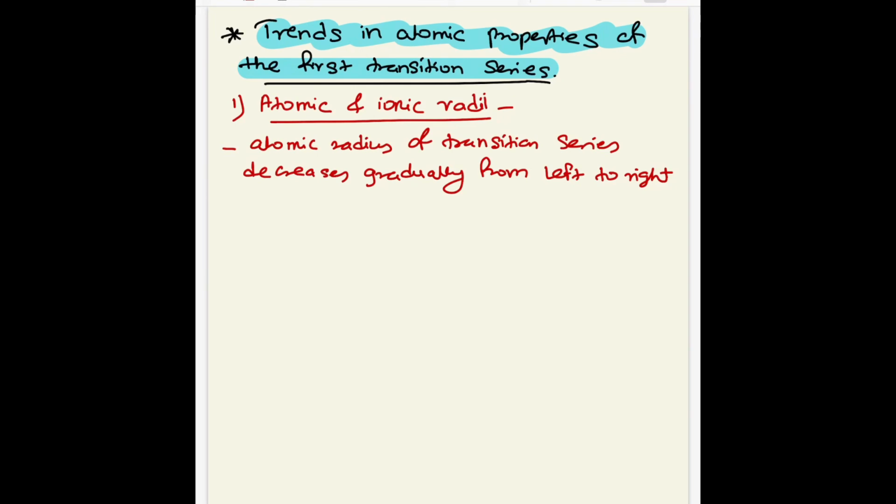As we move across a transition series from left to right, the nuclear charge increases by 1 unit at a time, and the last filled electron enters the penultimate (n-1)d subshell. The d orbitals in the atom are less penetrating, or more diffused, and therefore d electrons offer a smaller screening effect.